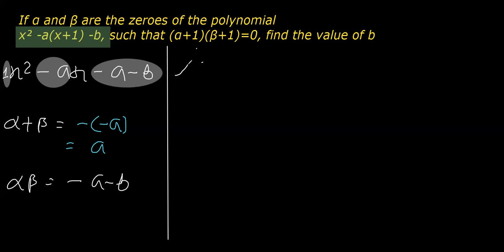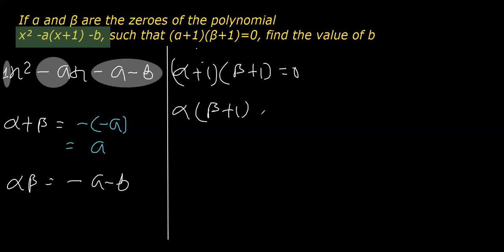So if I do so, let me write down what is given here. This is alpha plus 1 multiplied by beta plus 1 is equal to 0. Now I'm going to apply the distributive property here, that is alpha multiplied by beta plus 1 and 1 multiplied by beta plus 1 is equal to 0. Now alpha into beta, if you multiply, we'll get alpha beta, right?